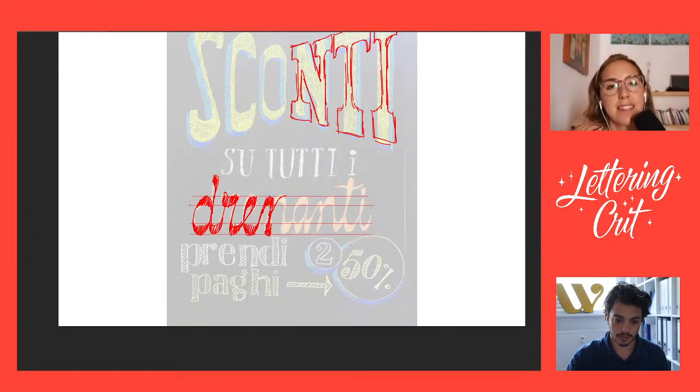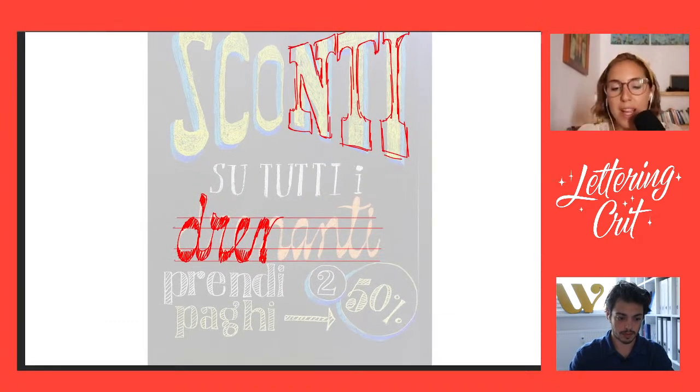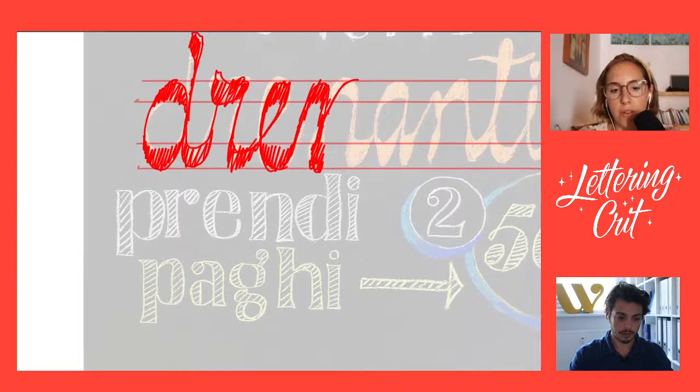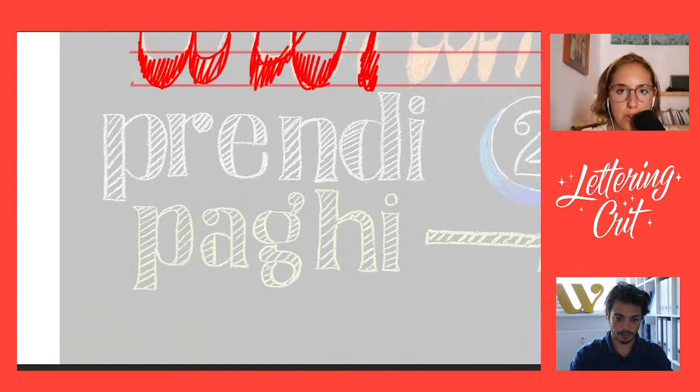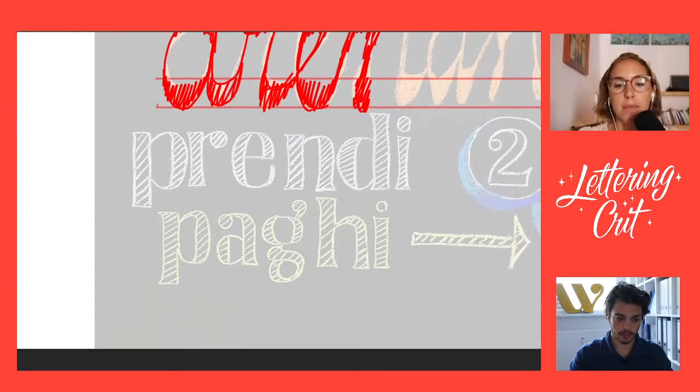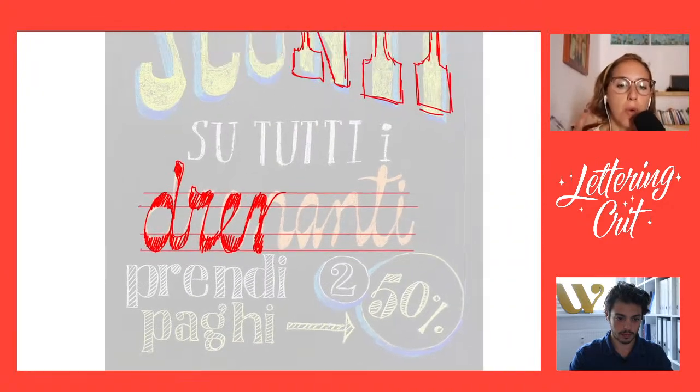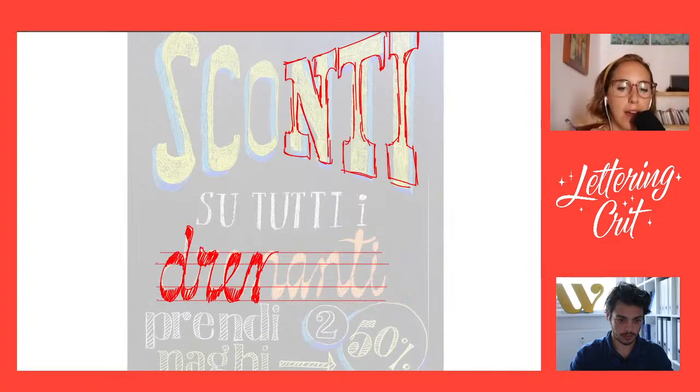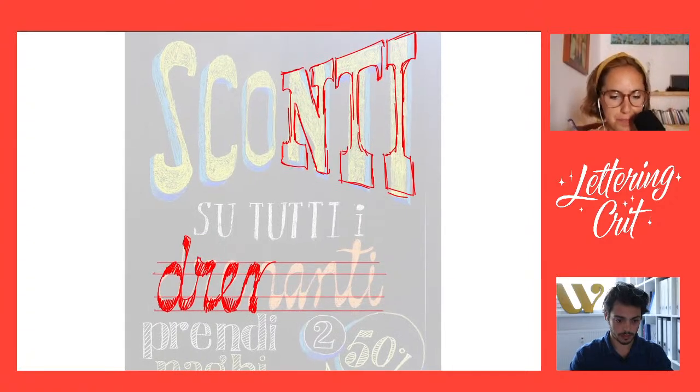It's like step number one to achieve consistency in your lettering. And if you look at words like tutti or prendi or paghi, you can clearly see that those guidelines are missing there, right? And they can really bring a lot of consistency and also a lot of structure into your lettering.